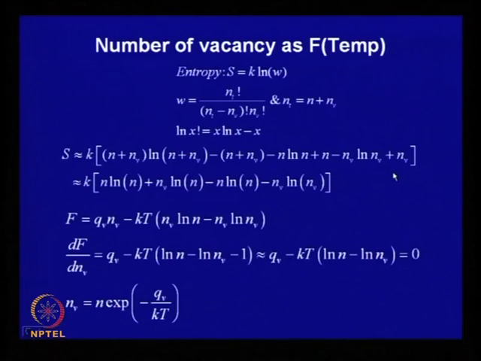And with a little algebraic simplification and with some approximation, like N is much larger than N_v, so in some cases N plus N_v can be approximated as N. So, basically it is possible to show that this entropy is equal to this, and here this gets cancelled. So, therefore, this is N_V ln N minus N_V ln N_V, which is written here.